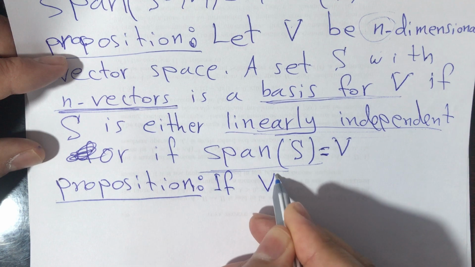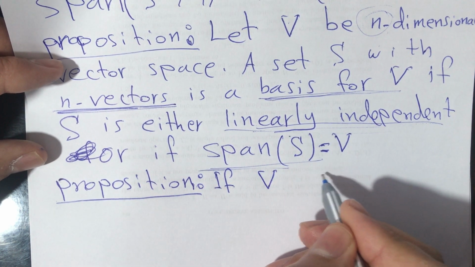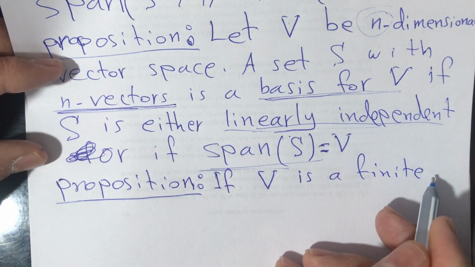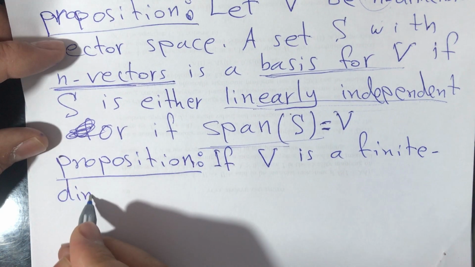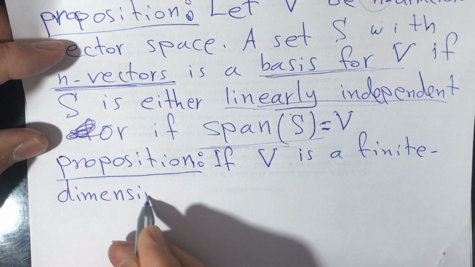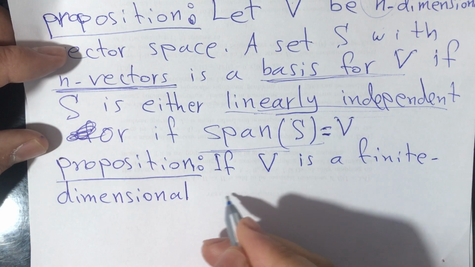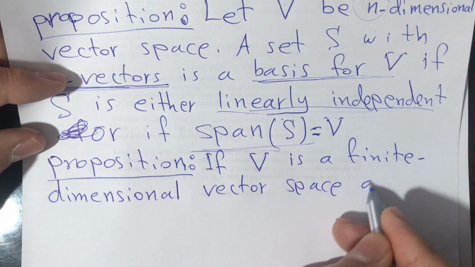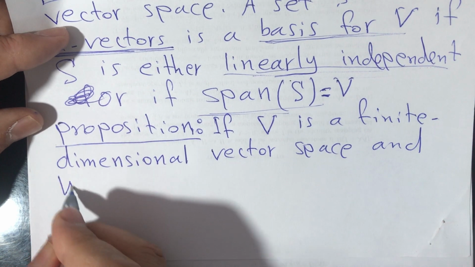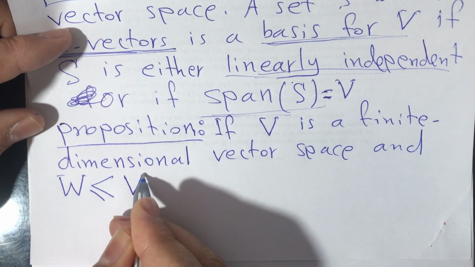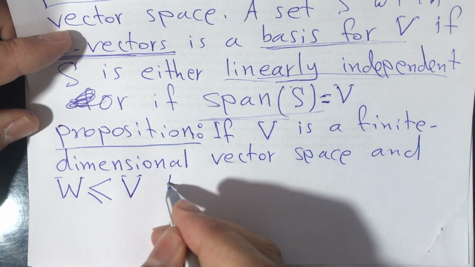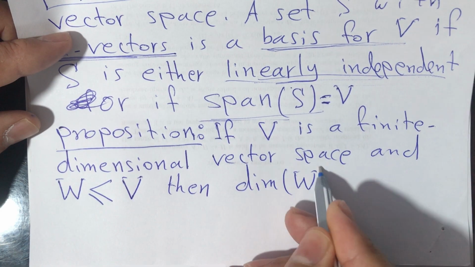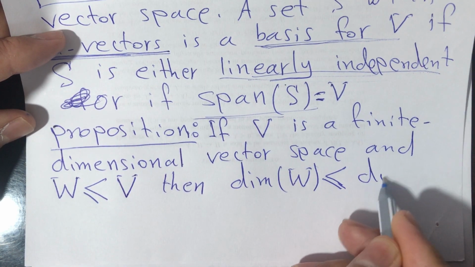If V is a finite dimensional vector space and W is a subspace of V, then the dimension of W is less than or equal to the dimension of V.